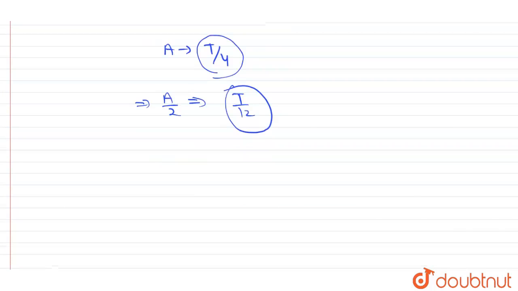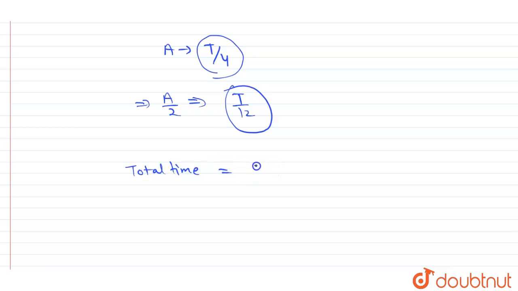So the total time can be written as total time equals T by 4 plus T by 12. This must be equal to 4T divided by 12.